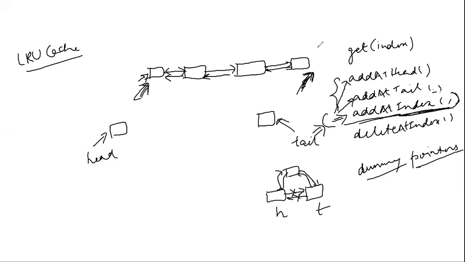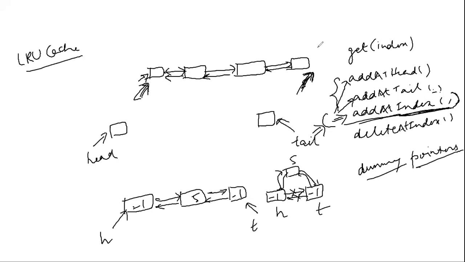After that, it will start looking like this. Let's say the value was 5, and let's say I just put -1 as my head and tail. So you will see this is -1, this is 5, this is -1, and now you will have this kind of structure already built. Here is my head. I will always have a reference to head and tail.